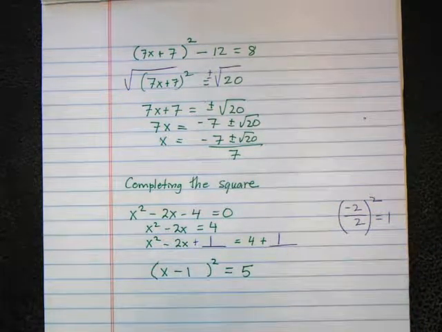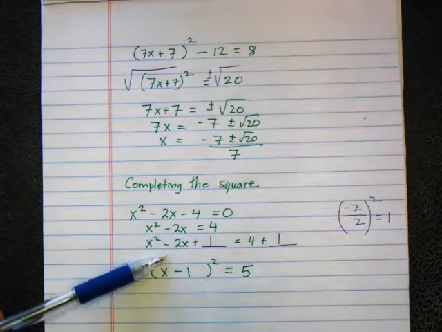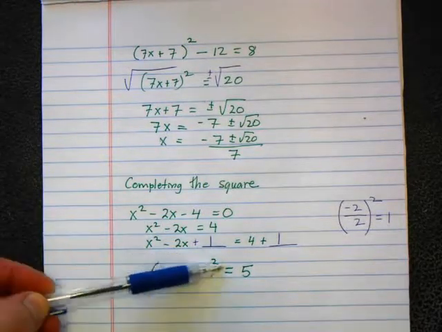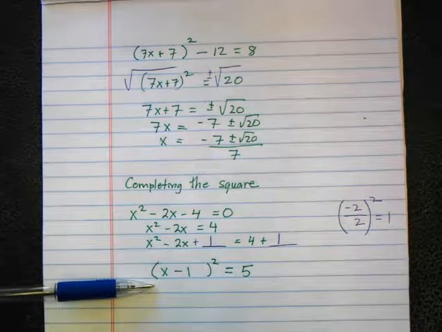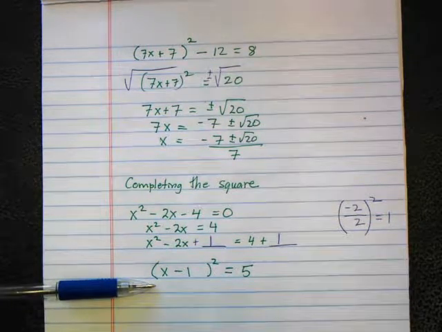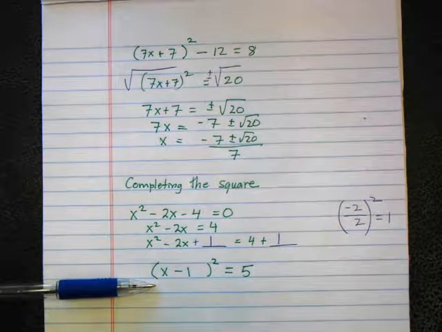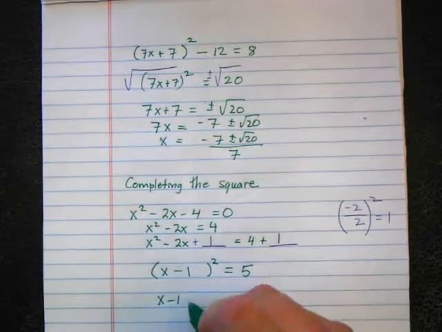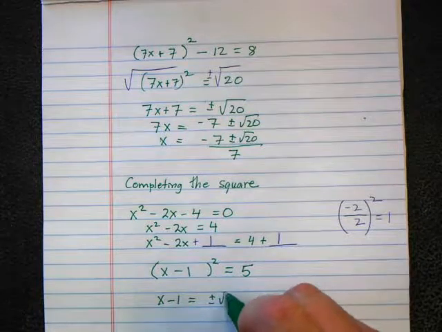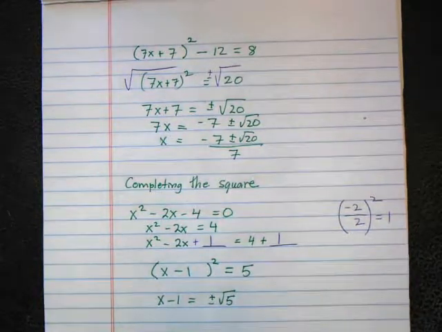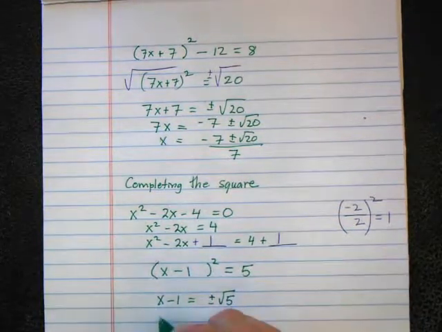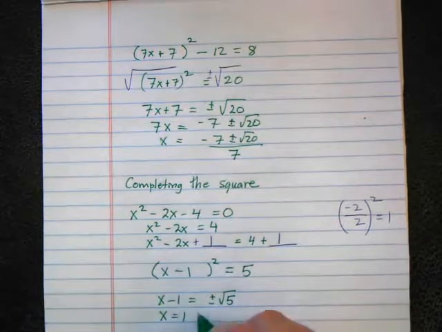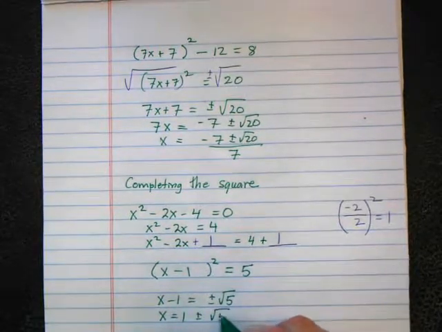All right, so that's called completing the square. I rewrote this equation in this form where I have a perfect square because now I know how to solve it, because this is what we just did 2 minutes ago. Now we take the square root on both sides. X minus 1 is plus or minus the square root of 5. Add 1 to both sides, x equals 1 plus or minus square root of 5.